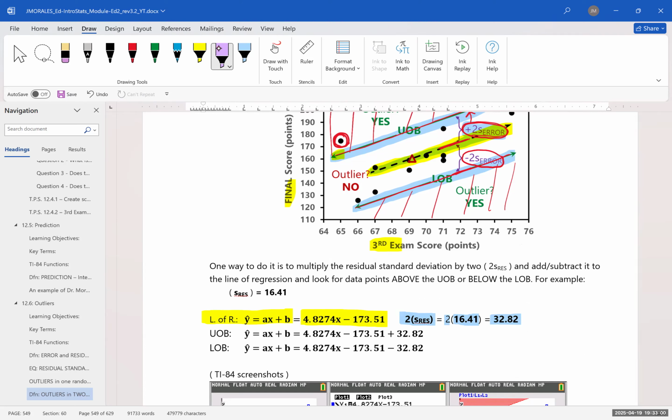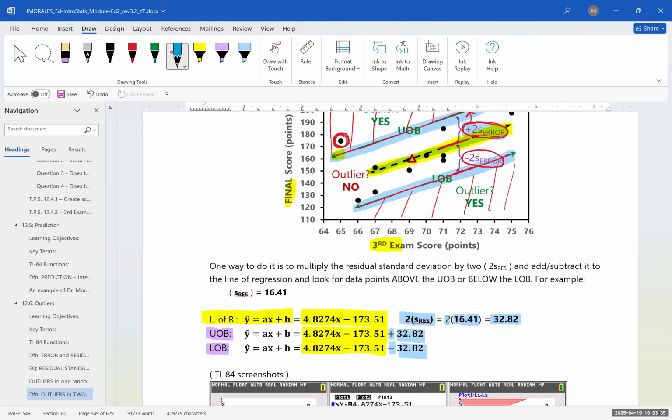So in order to get your upper outlier boundary, you're going to take your line of regression and add 2 times the standard deviation of the residuals. Then to get your lower outlier boundary, you're going to take your line of regression, and then subtract 2 times the standard deviation of the residuals.